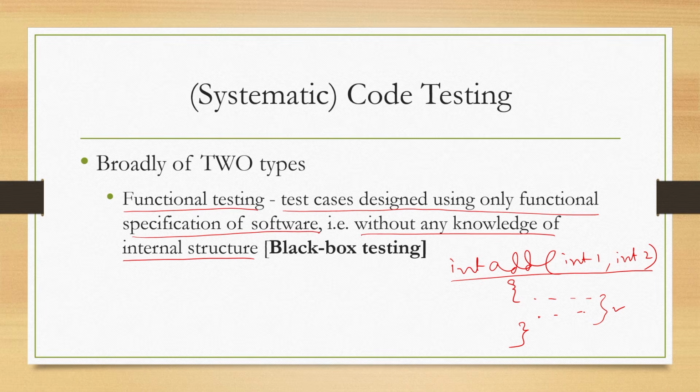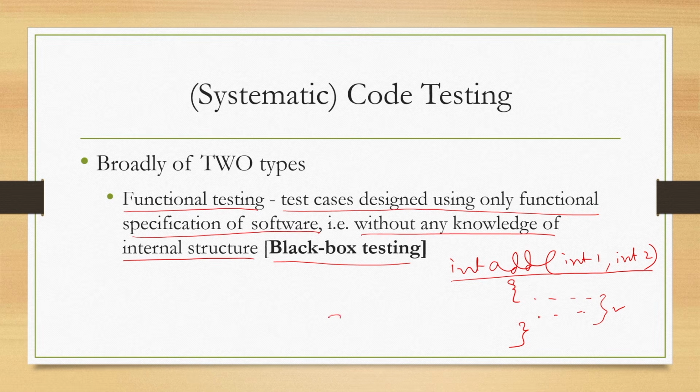One popular way of going for this type of testing is black box testing. As the name suggests, we treat each function as a black box, only the declaration part is considered, the internal or structural part is ignored.